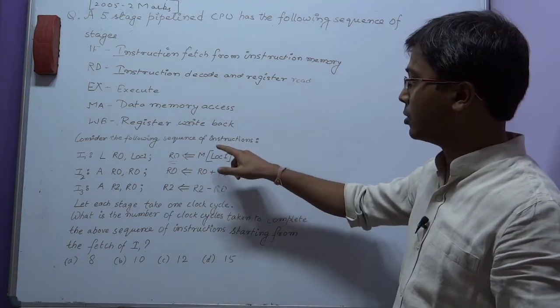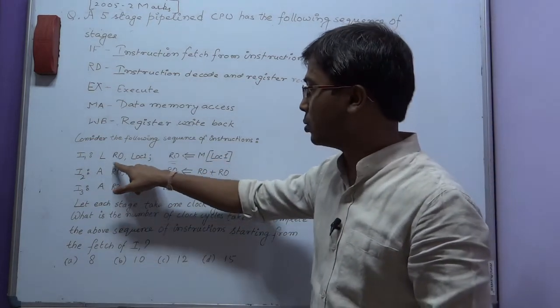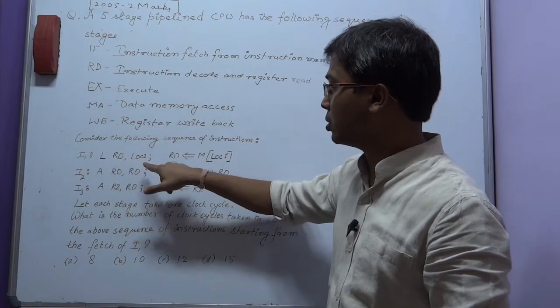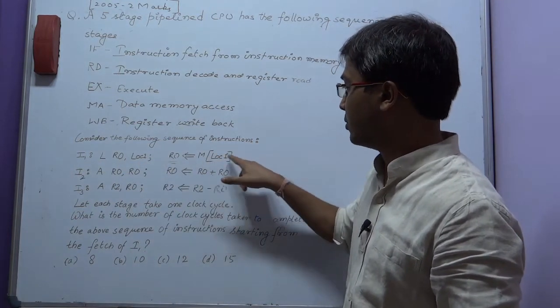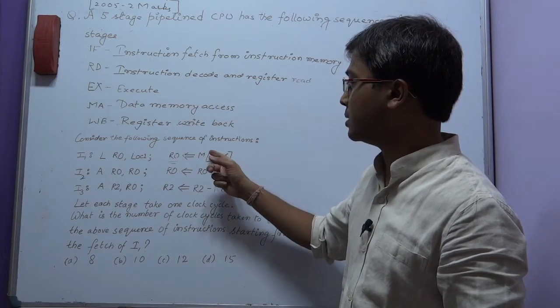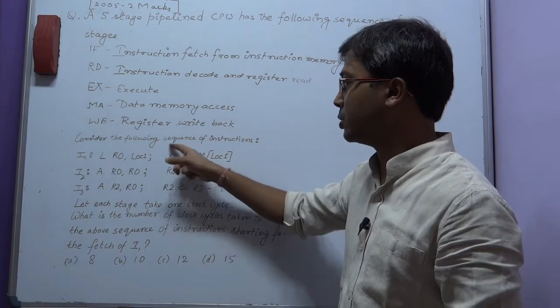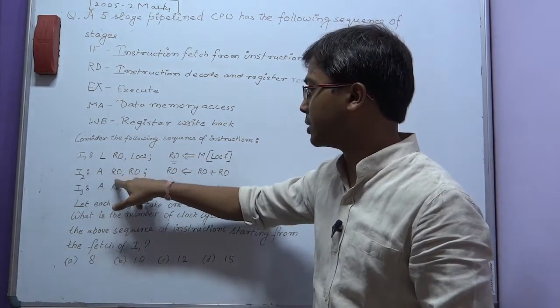Consider the following sequence of instructions. Instruction 1 is a load instruction, L R0 location 1. What it means is the value at the location 1 is read from the main memory and loaded in R0 register. Instruction I2 is an arithmetic operation, A R0 R0.